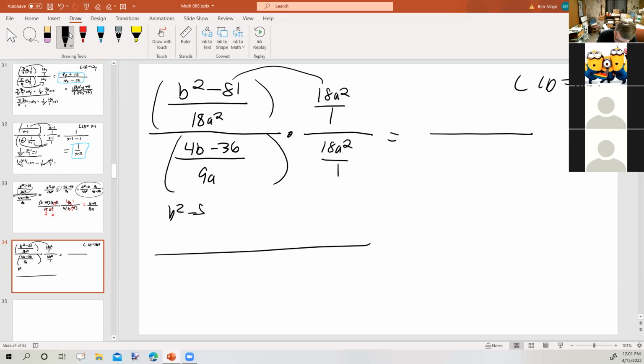b squared minus 81 over 18a squared times 18a squared over 1. The 18a squareds would reduce out and you'd have b squared minus 81. So in other words, on top, that happens.